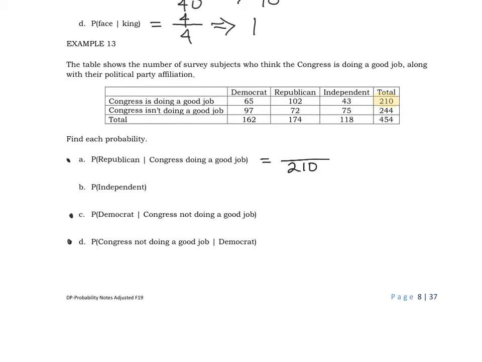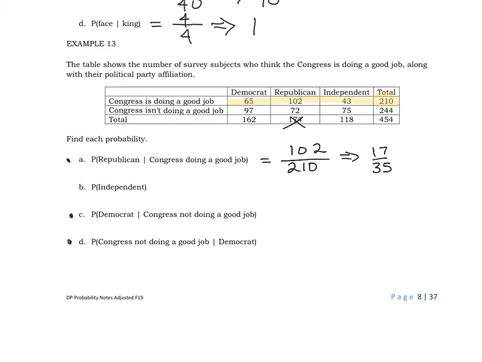So recall then that we're just looking at the people in this particular category, the respondents. So of the people in the group that thought Congress was doing a good job, how many of them were Republican? 102. So you're not going to use that 174 down there, okay? It's just the people in the category that thought Congress was doing a good job. Let's go ahead and reduce that.